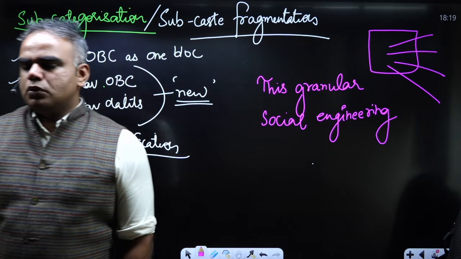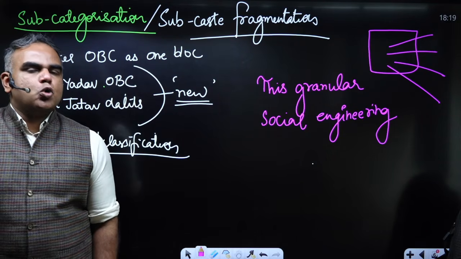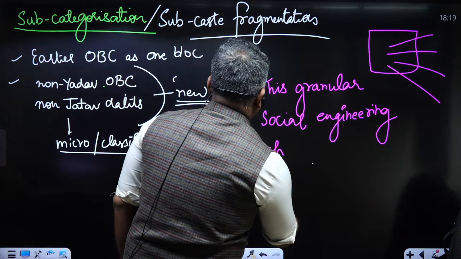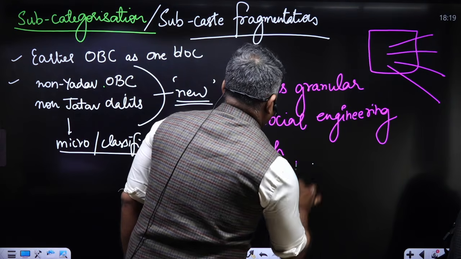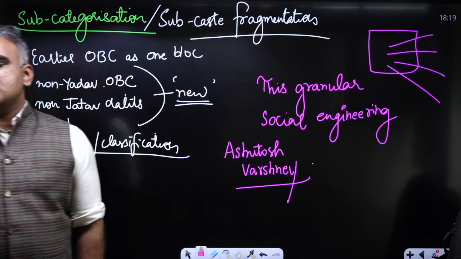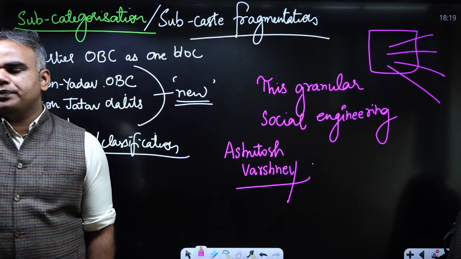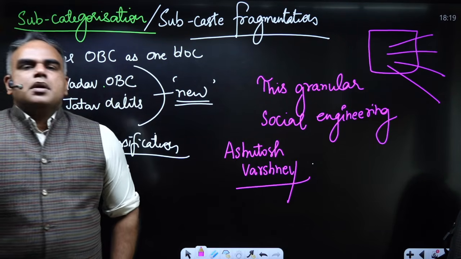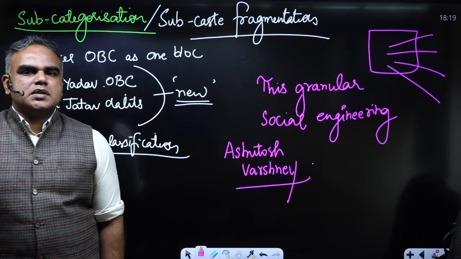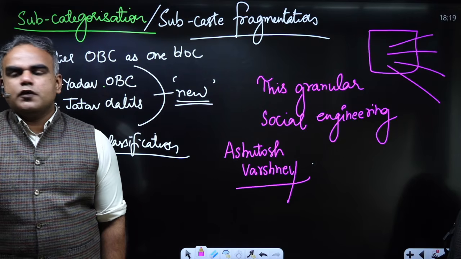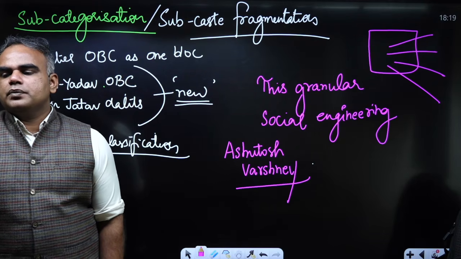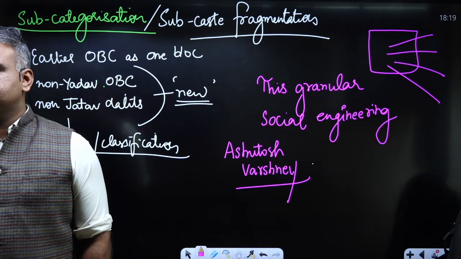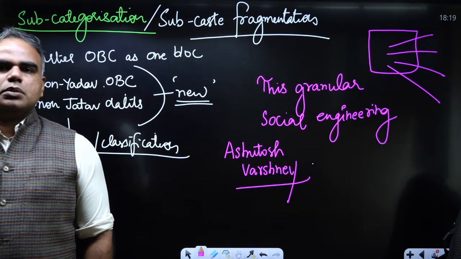Ashutosh Varshney argues that such fragmentation reduces the possibility of unified social justice coalitions, so lesser unification will happen.